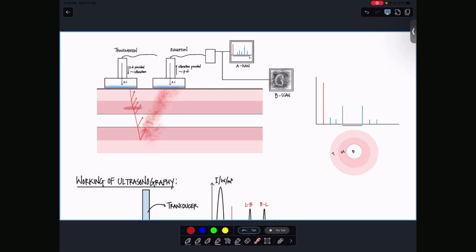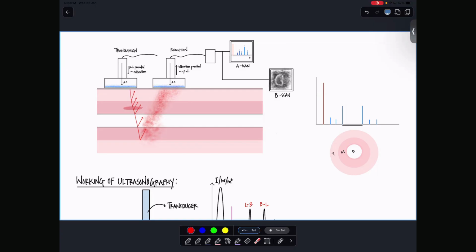So the 3D ultrasound system, I think, sends waves from multiple directions. It's still a transducer, but it's a very big transducer, and I think it produces multi-dimensional waves. We do have 3D scanning in our syllabus, but we do that in CT scan. So we'll be doing CT scan very soon. Right, so that's how it's generated.